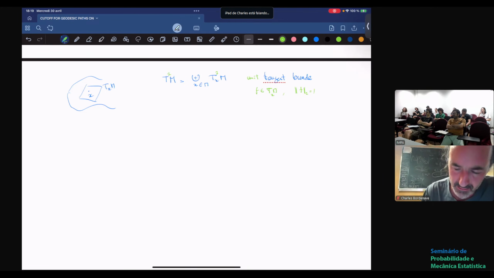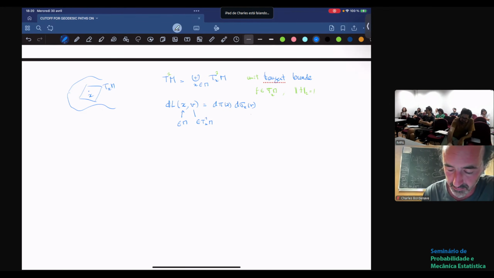And there is an invariant measure, called the Liouville measure, which lives on the unit tangent bundle, which you can write as the volume measure on the manifold times a uniform measure.